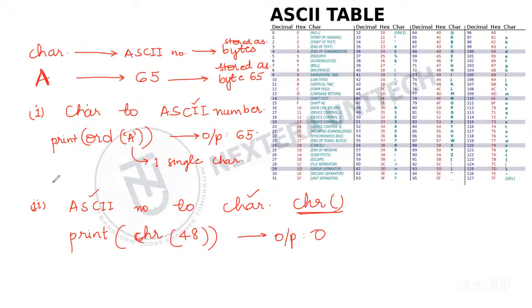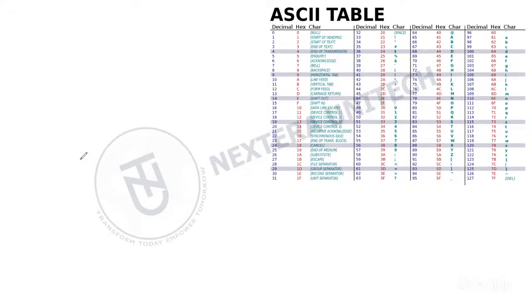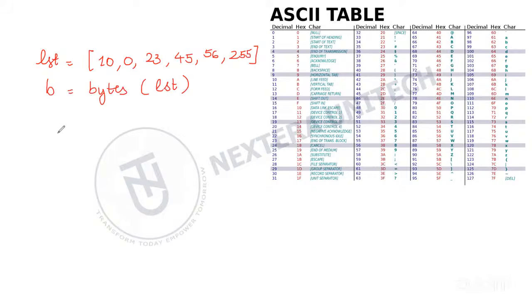So now let's understand how bytes is working. Let me write the example we used before: the list 10, 0, 23, 45, 56 and 255. Now I will convert this list into bytes using the bytes function, bytes of LST.